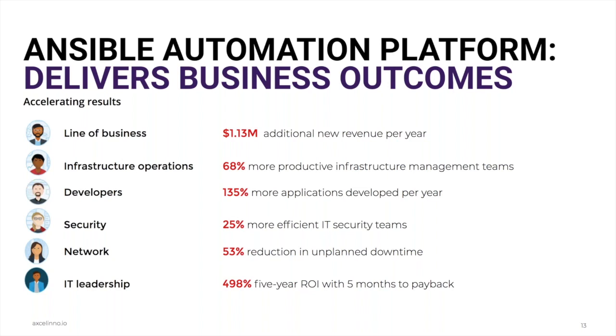That a lot of times was attributed to the fact that whatever that line of business was in charge of, they could release sooner or have less downtime. And that came down to customer value. And that's how they were able to generate that increase in revenue.